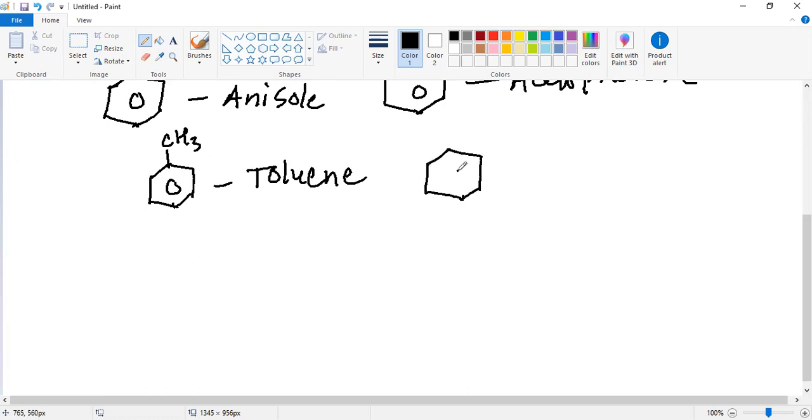Then if we have benzene with two OH groups on it, this is what we call quinol.